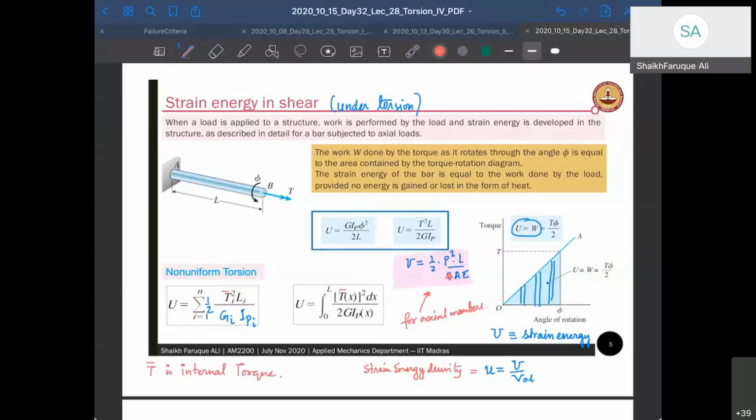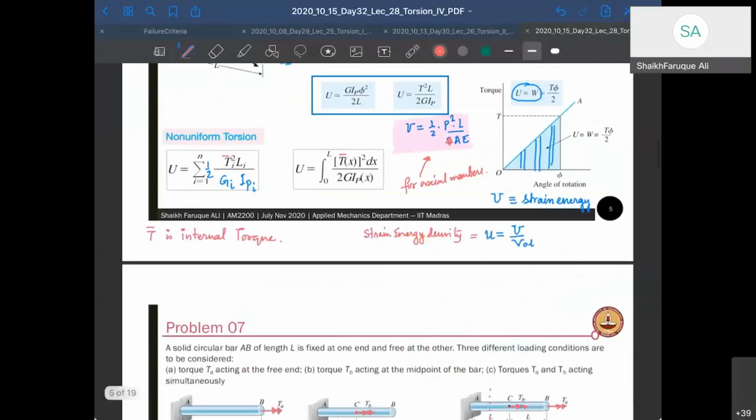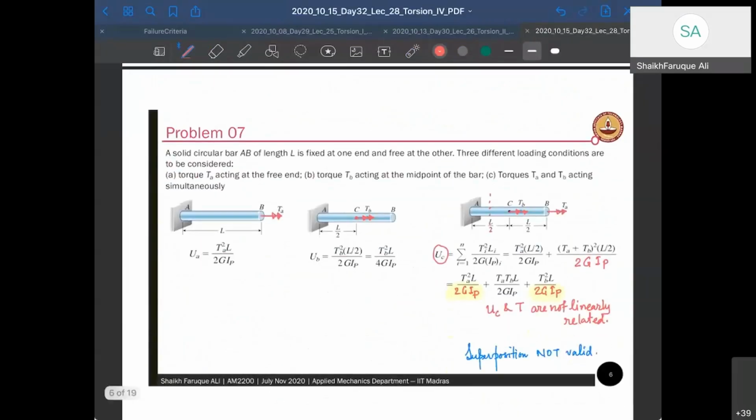Okay, right. And let's do a small problem to see our understanding. So I have a member here, a shaft, and the shaft is acted upon by an external load T A at B, at the boundary. Now there is another load that acts at the center, at point C, in the same direction, not an issue, right?